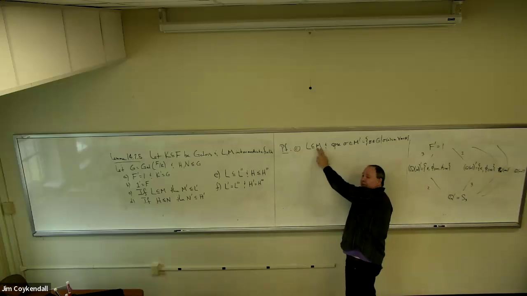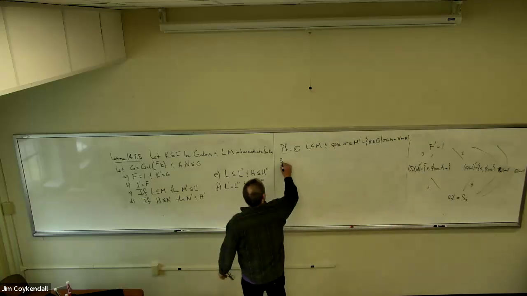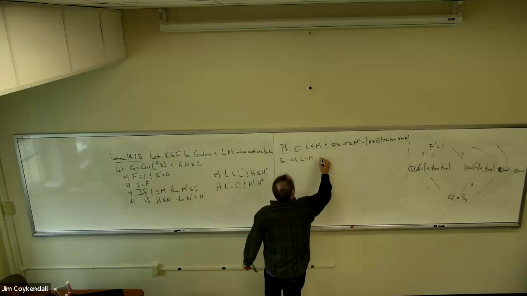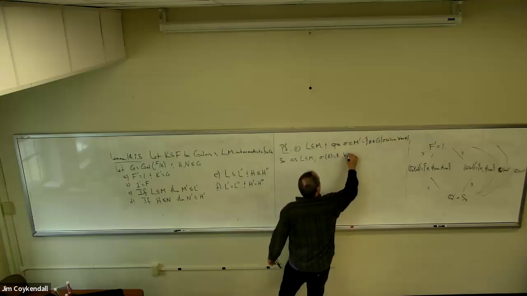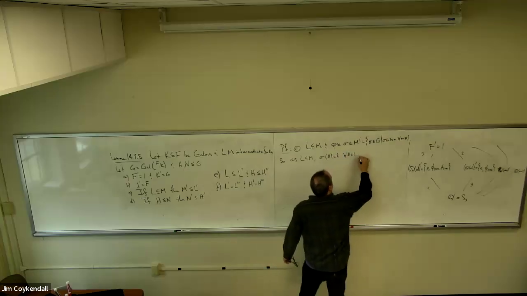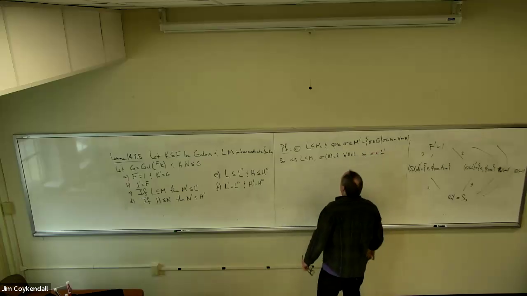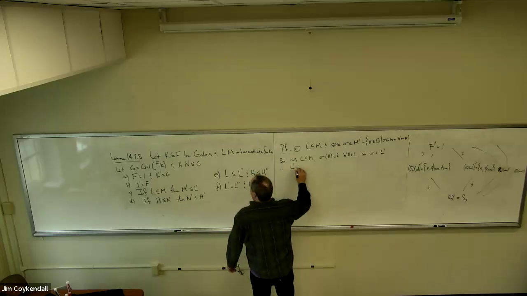Well, if it's going to fix everything in the big field, it's got to be fixing everything in the little field too. So as L is contained in M, sigma of l equals l for all l in L. So sigma is in L prime. Therefore M prime is a subgroup of L prime.